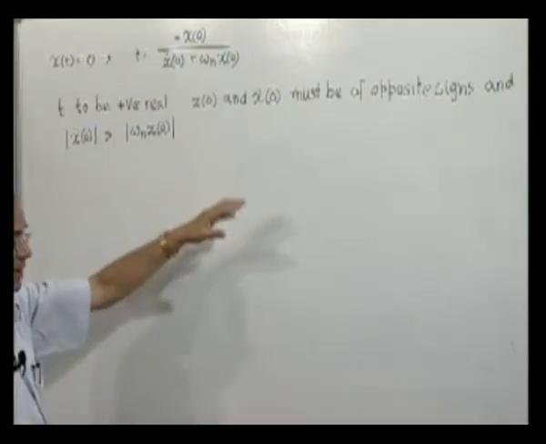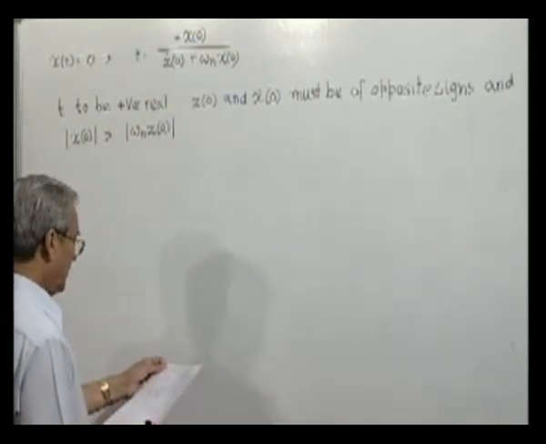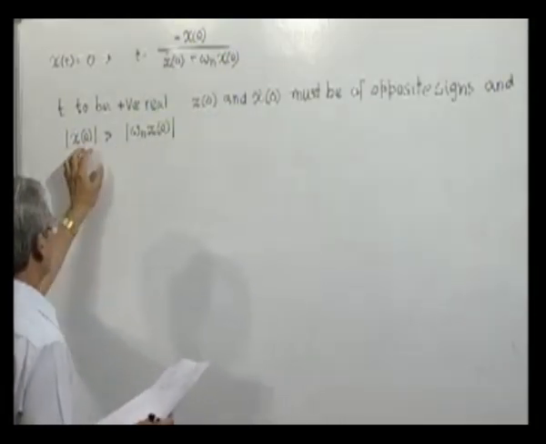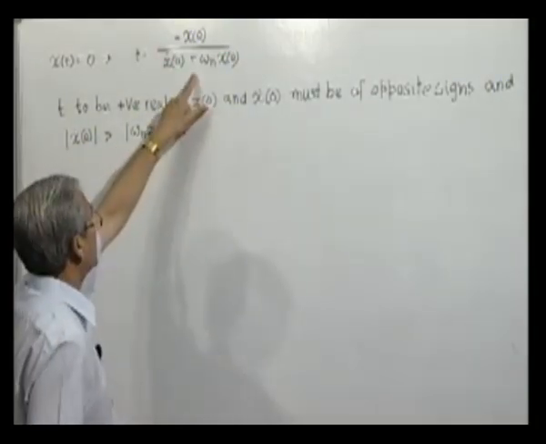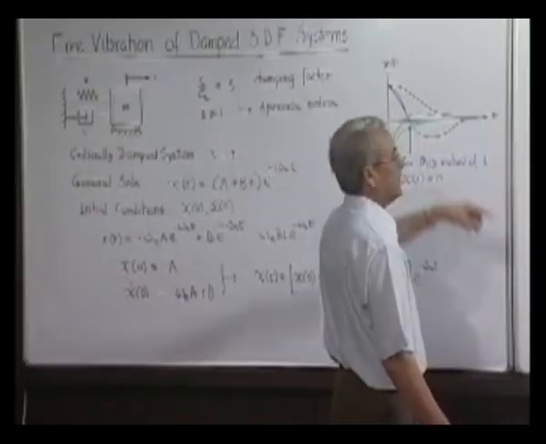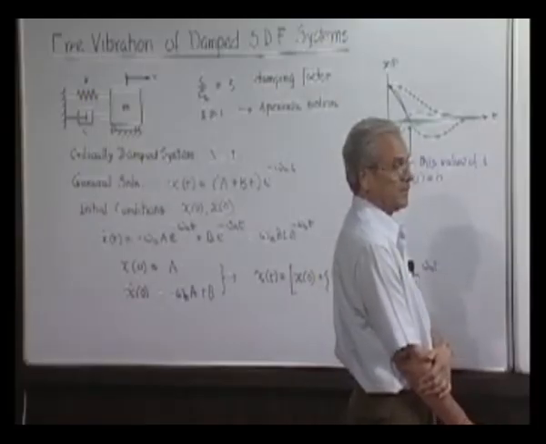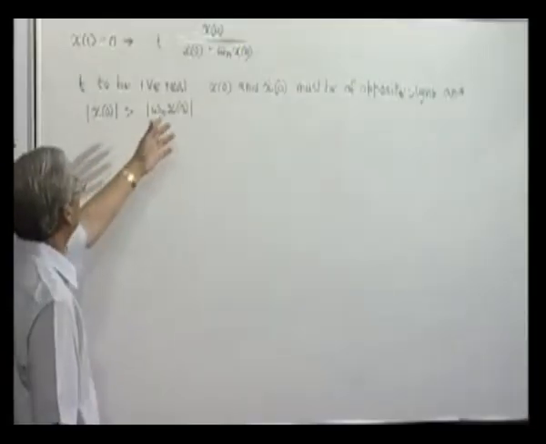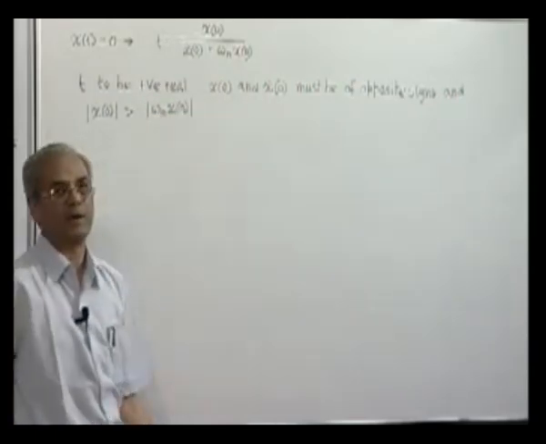If they are opposite, and x dot 0 is more than this in quantity, you can easily show that t will be positive real. So in that case it will cross the equilibrium position only once, because t can have only two values. Once t is equal to infinity, the other is a particular value obtained by this.